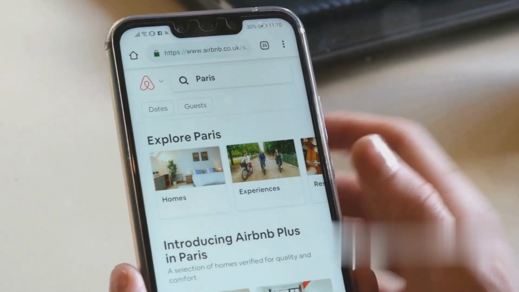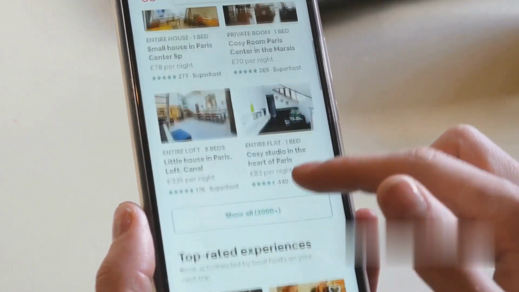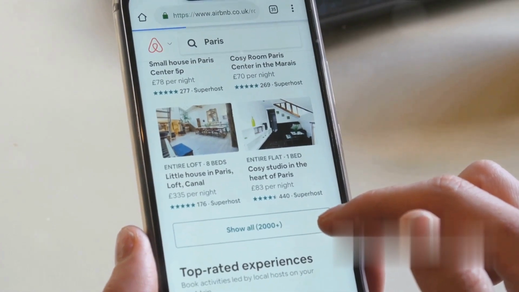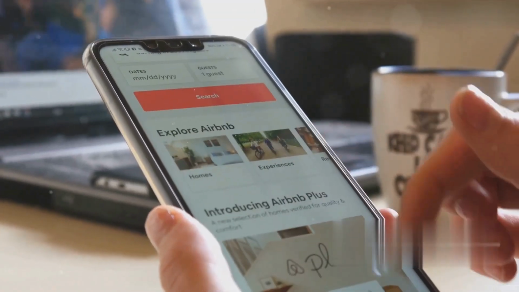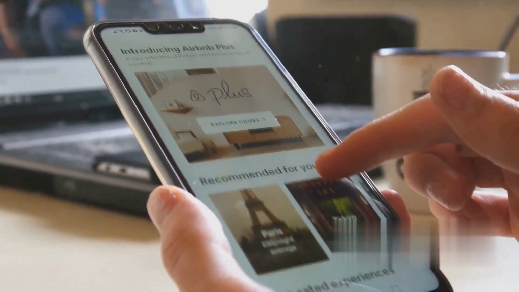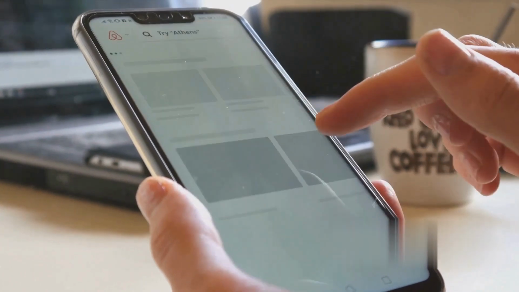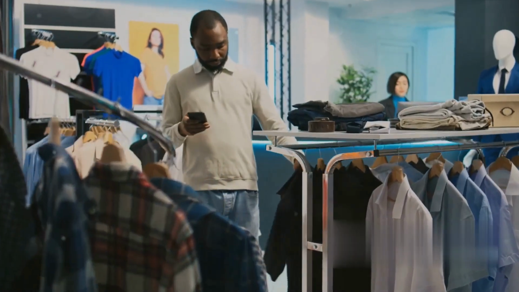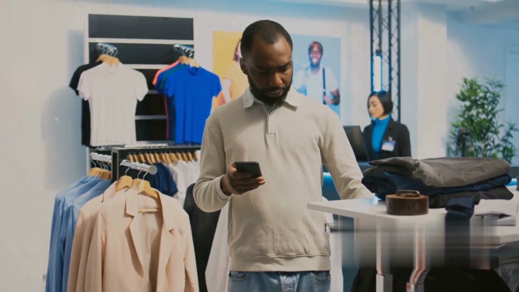Or consider Airbnb. They used user journey mapping to streamline the process of booking accommodation. They identified pain points, such as complex booking procedures and unclear property details. By addressing these in their design, they made the booking process smoother and more intuitive. Then there's Nike. They used user journey mapping to revamp their online shopping experience.